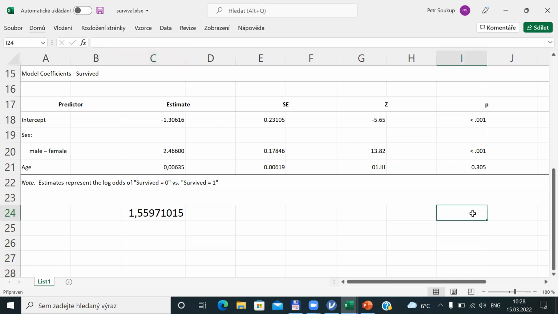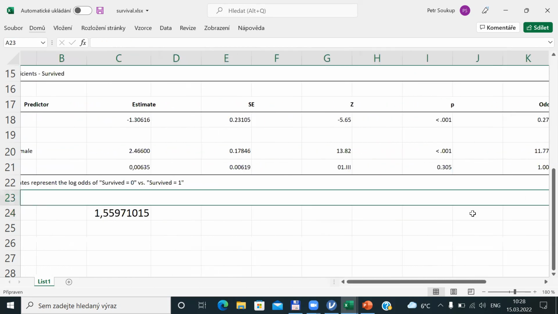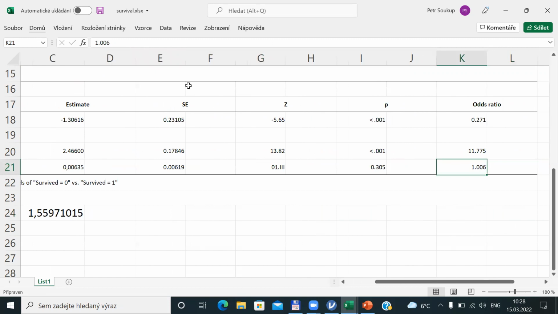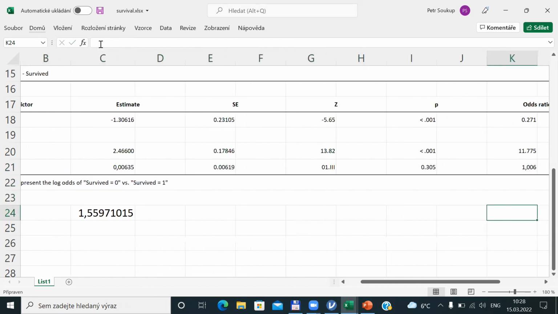And if you don't like to make this exponentiation of some multiplication of original units, you can also take the other option. I would go here into the odds ratio. It was 1.006. I once again need to change the decimal separator. Here it is. And if I would like, once again, for example, to compute the change by 70 years, I would need to take the original value of the odds ratio. And currently, if it is a 70 years change, I would need to compute the power of 70.